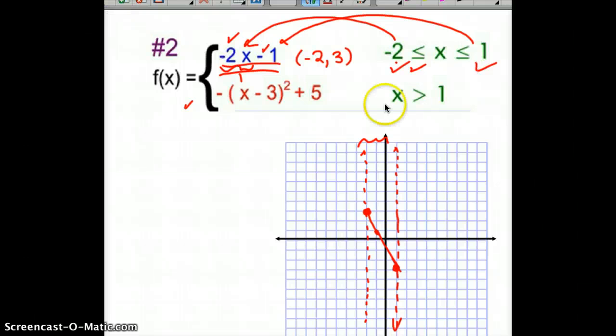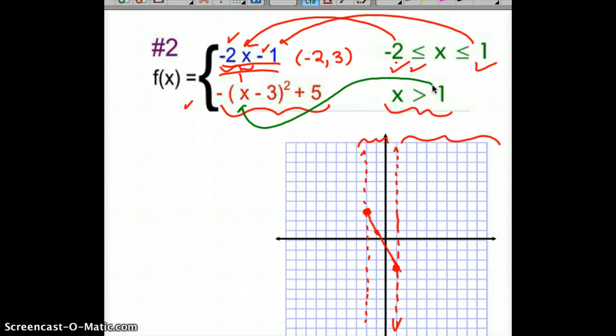Now this says everywhere to the right of 1, which is in this piece of the graph. I need to graph this function. Well, let's see what happens at 1. Because again, although it says greater, I can be 1.000000, so I have to get right up to that fence. I just can't be on it. So I'm going to go see what happens when I plug in a 1 right here. I would have -1 minus 3 squared plus 5.